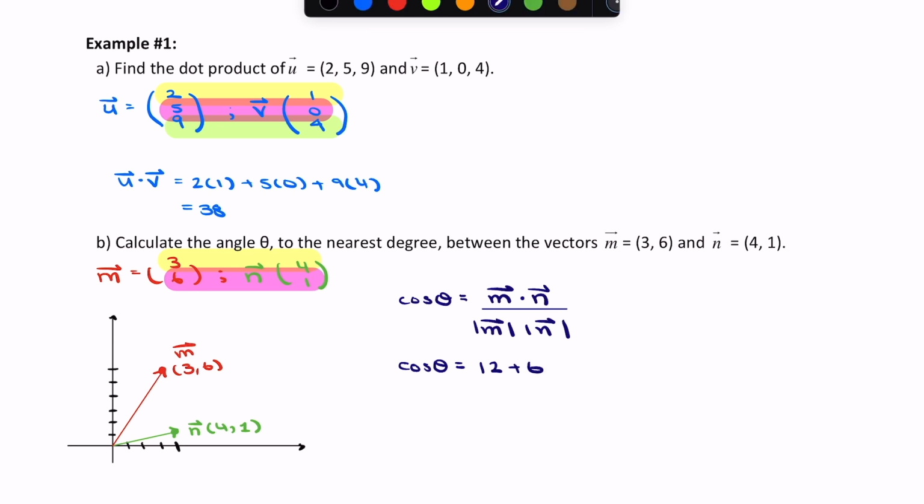That's all over, again, the magnitude of vector m and the magnitude of vector n. So we'll calculate this here on the side. Again, the magnitude of vector m is equal to the square root of x squared plus y squared. So here, it's equal to the square root of 3 squared plus 6 squared, which is equal to square root 45, which is equal to 3 square root 5.